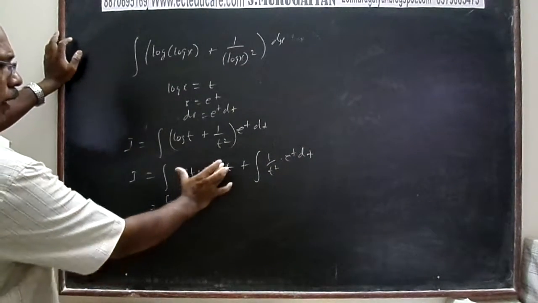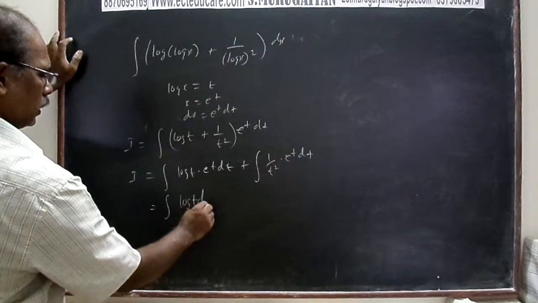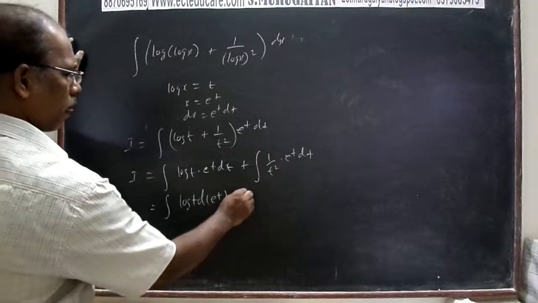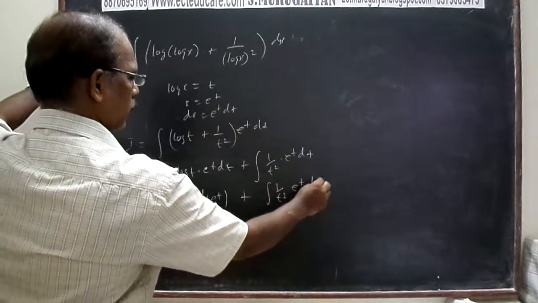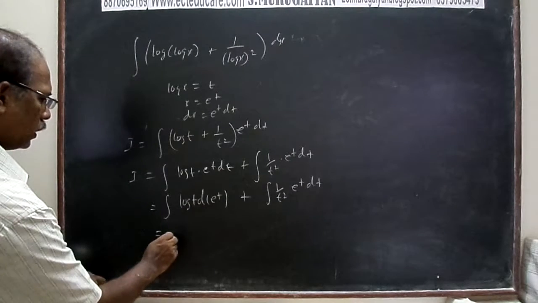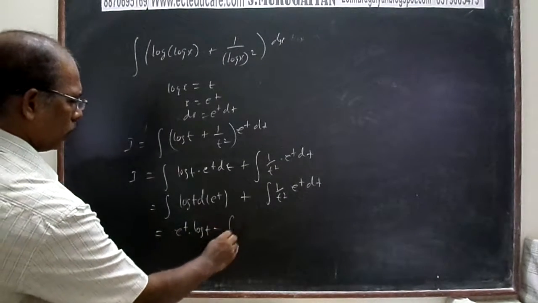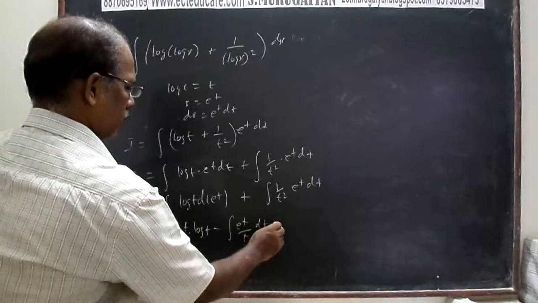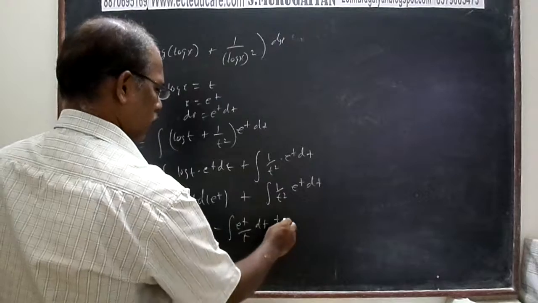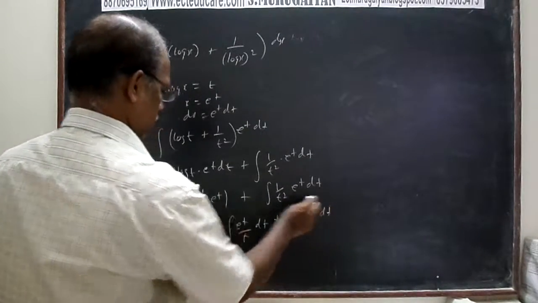Let us try to apply integral by parts on the first term. Log t, this is the d of e power t, plus integral of 1 by t square e power t dt. By parts, e power t into log t minus e power t by t dt, and plus integral of 1 by t square e power t dt.